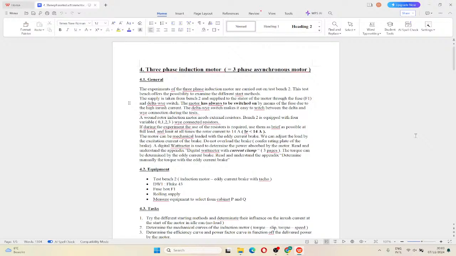So we don't have 5 tests to do, but according to the report, it seems that none of them finished all the tests. I think they only had time to do the first no-load test and the second load test during the lab session, but we are going to talk about everything.